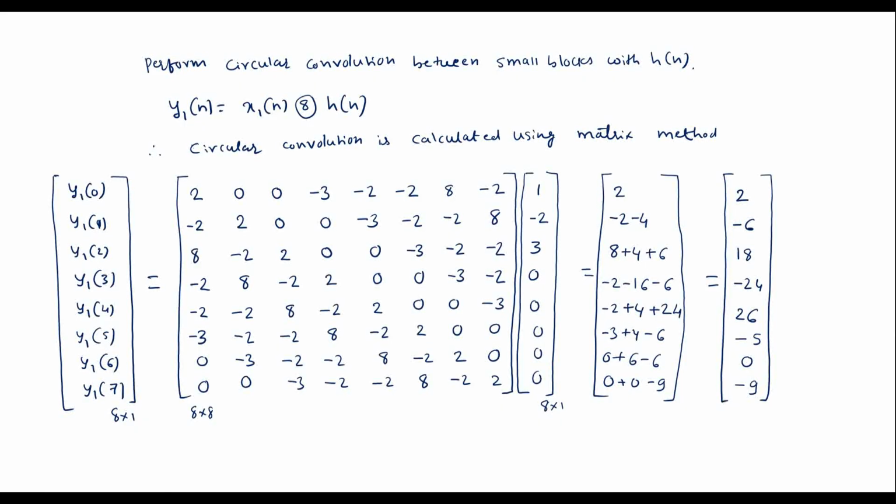Similarly, now calculate y2 of n. y2 of n is equal to x2 of n convolution with h of n. Therefore, I can write here as y2 of 0, y2 of 1, 2, 3, 4, 5, 6, 7.